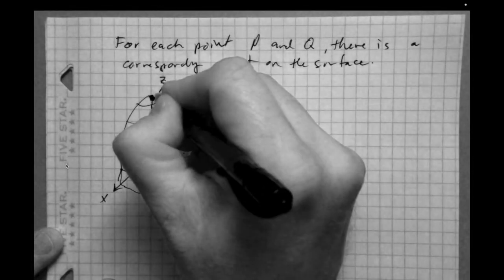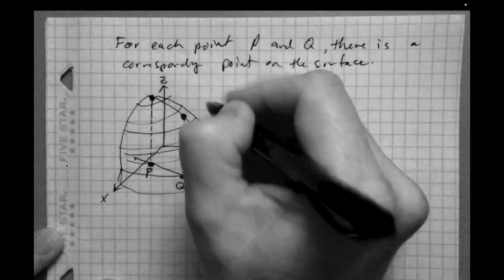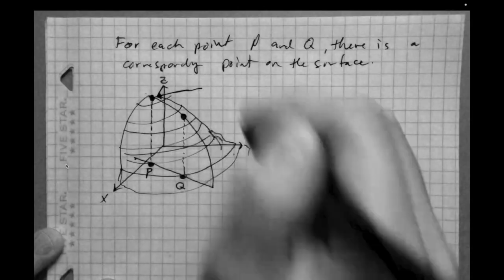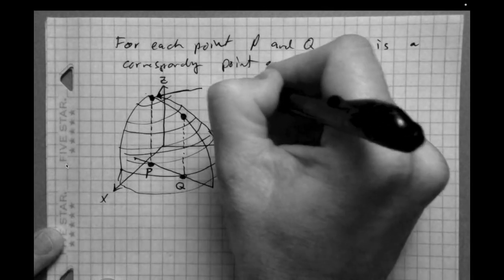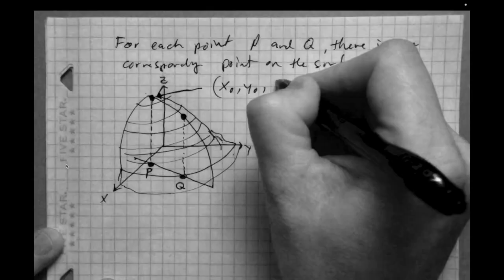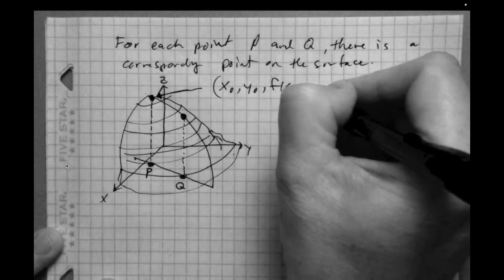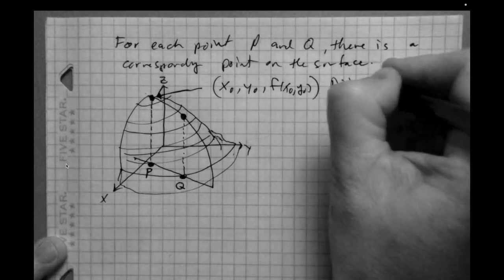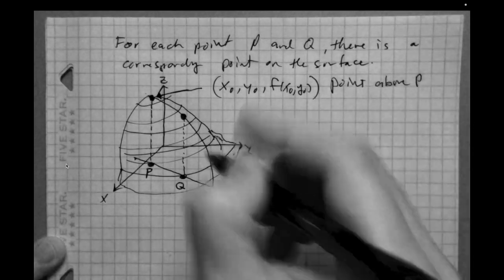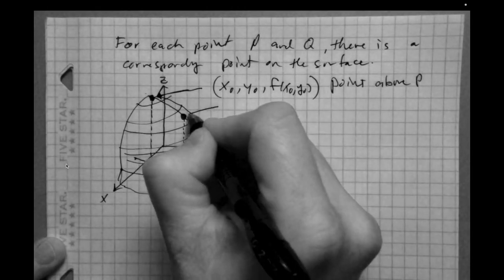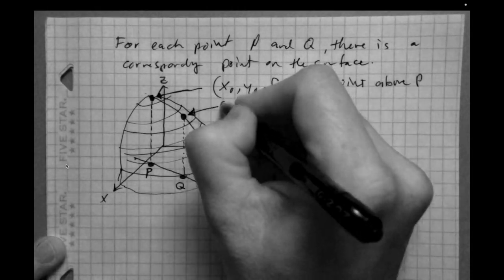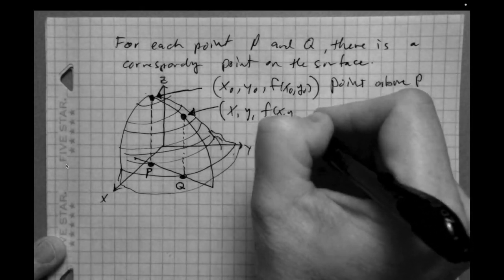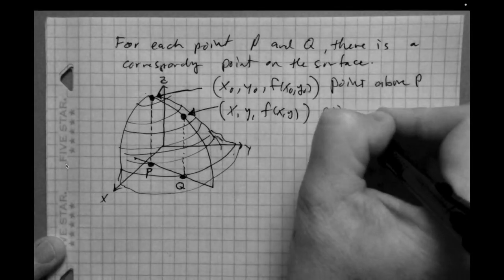Okay, so this point here, I'll draw a little arrow there, we can say is x naught, y naught, f of x naught, y naught. This is the point above P. And then you have something similar for this one, and we'll denote it as x, y, f of x, y. This is the point above Q.